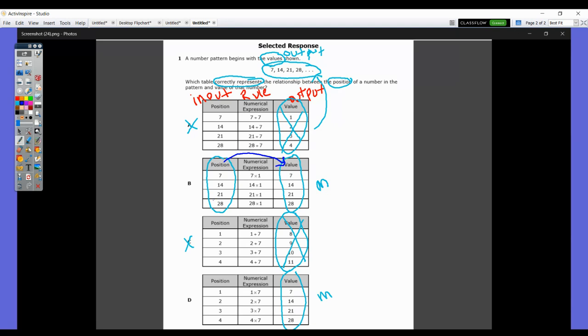The position and the value cannot be the same. So guess what? You can already eliminate that answer choice. That means answer choice D, if we look at the position, remember the position always has to go in order. And it's going from 1, 2, 3, and 4. So guess what? This is our answer choice.